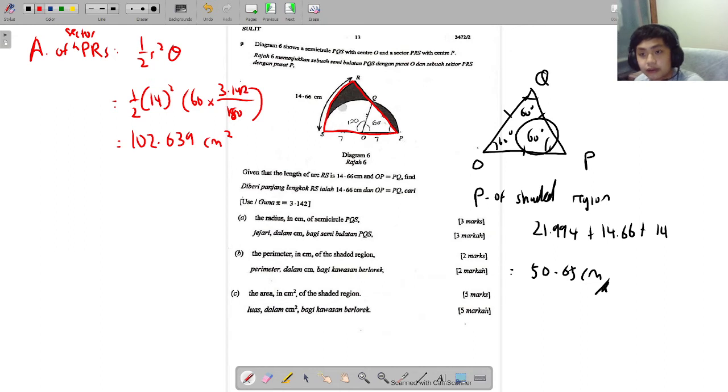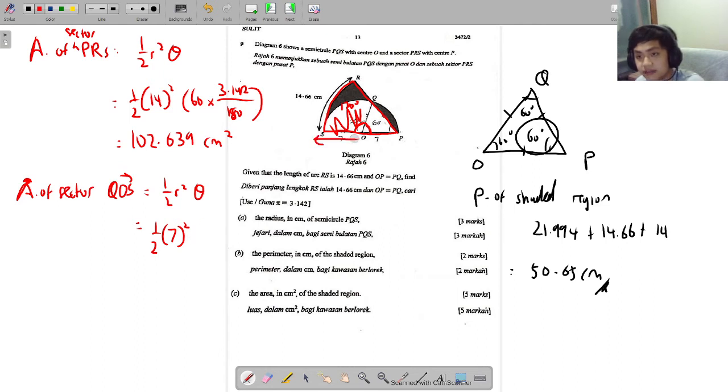For the next one, we have the area of sector QOS, this one here, right? Since we know this is an equilateral triangle with 60 degrees, we know the angle here is 120 degrees, because it's a straight line. So it's just half r squared theta again. In this case, our r is 7 because this length here is 7.